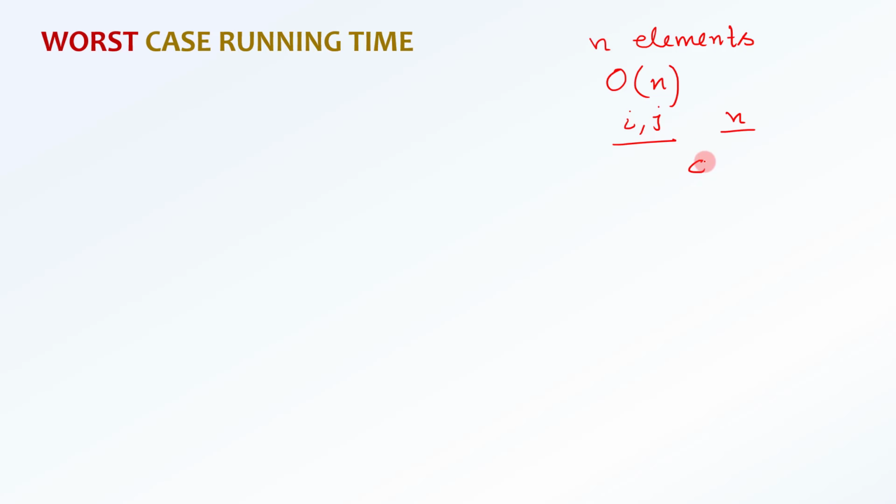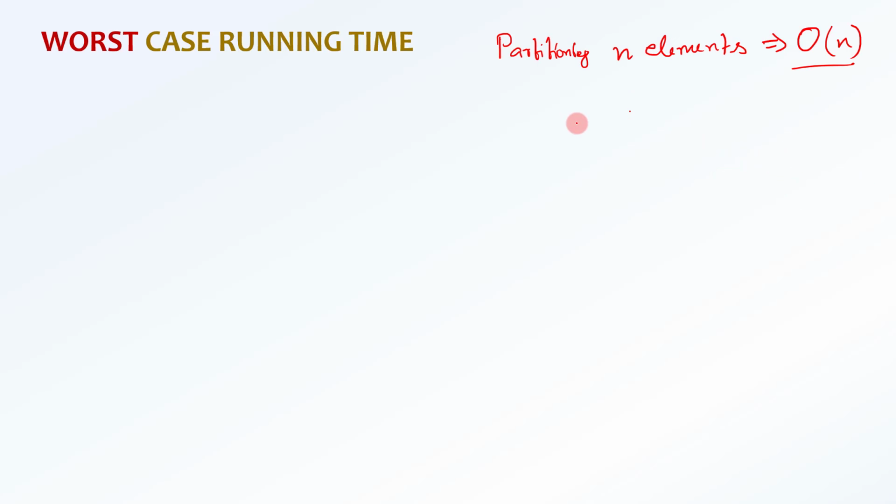That needs a total of c times n comparisons, where c is a constant, and that ultimately comes down to order of n time. So it is clear that we need order of n time for partitioning n elements.